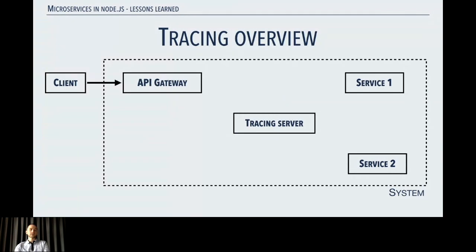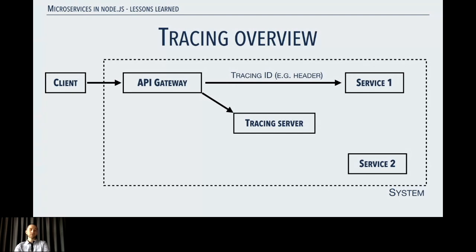So if the client sends a request to the system, then before it goes to another microservice, the proper service, in this case the API gateway, should communicate with the tracing server and send it information about what was executed and with all the required parameters.